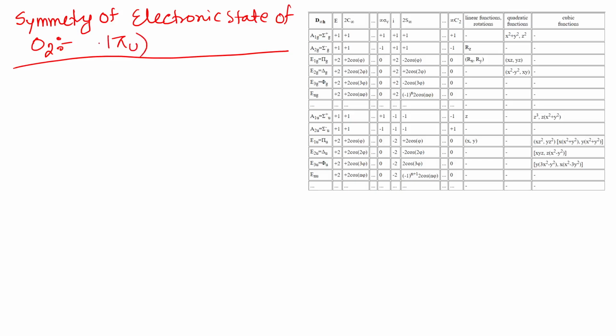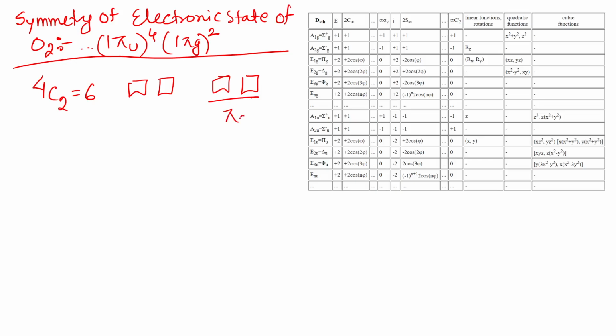I will just write it once more like this, and we have two pi g's, right? And we have 4C2 is equal to 6 ways to fill the four boxes, right? Each pi, and we have only one electron. Now we can do it in six ways, but the direct product, what does that tell us?